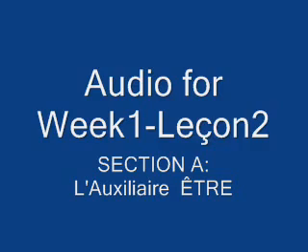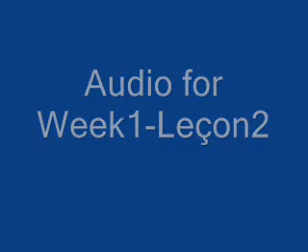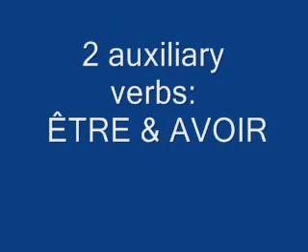The first verbs we will start with are called the auxiliary verbs, les verbes auxiliaires. In French we have 2 auxiliary verbs, être et avoir, to be and to have.